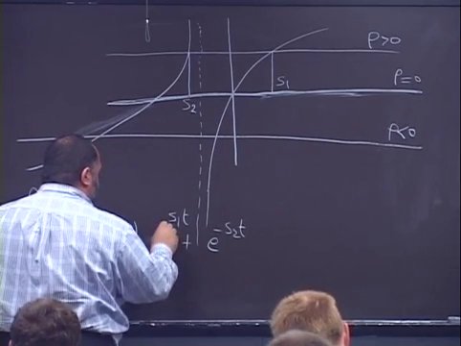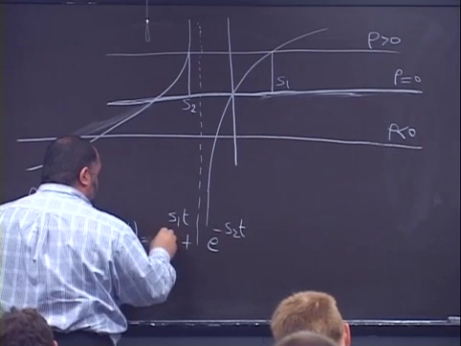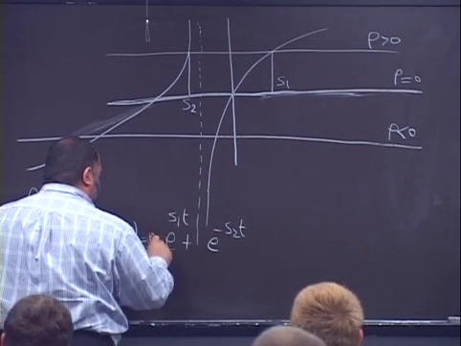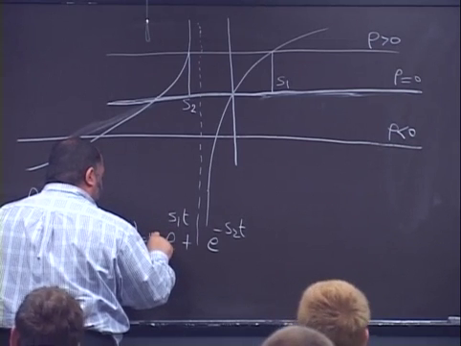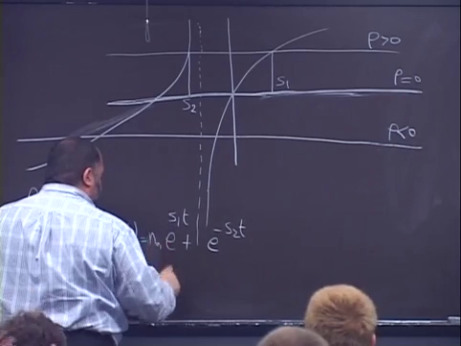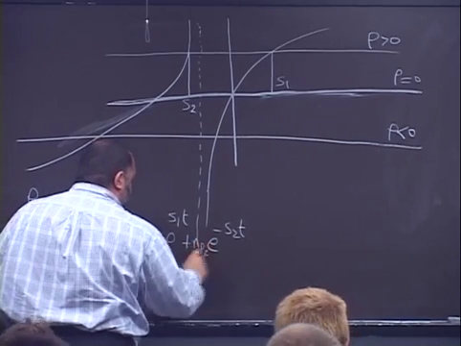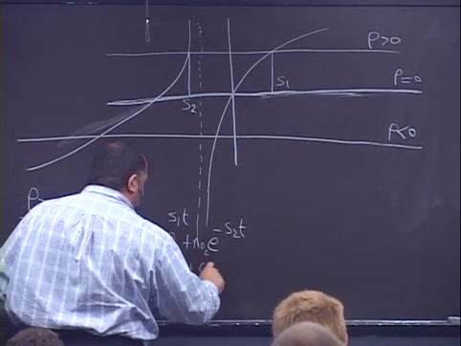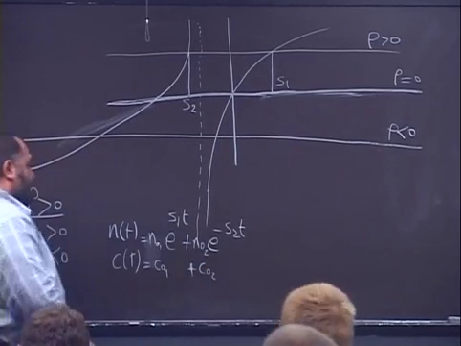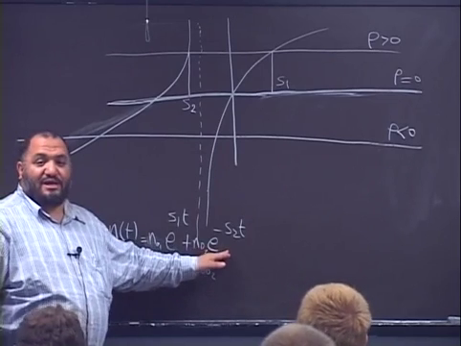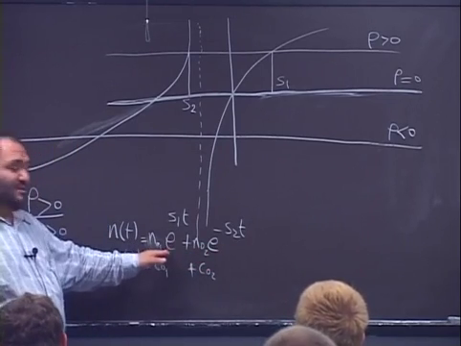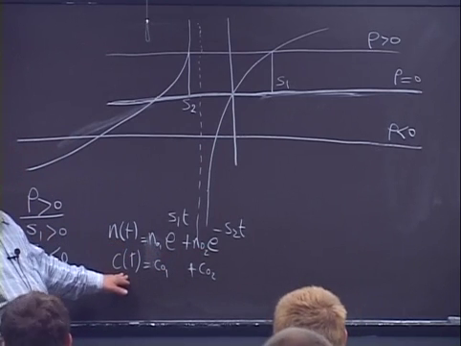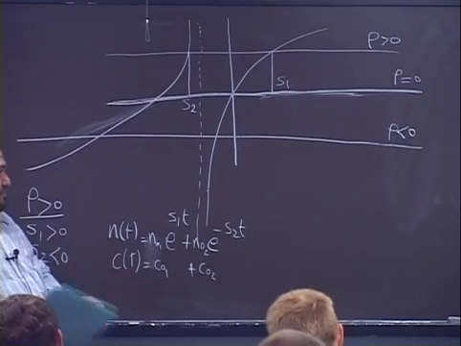Of course, here you will have N naught 1 and N naught 2, and here you will have C naught 1 and C naught 2. So this term will decay out, and you will end up with what? Exponentially growing neutron population and exponentially growing delayed neutron precursors.